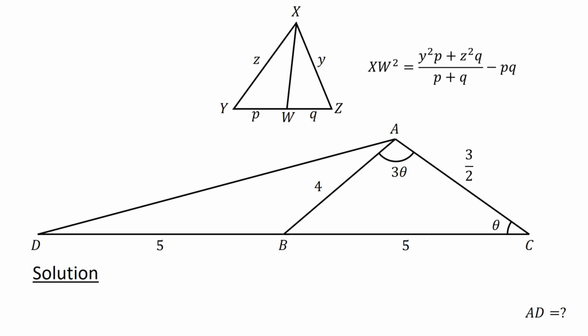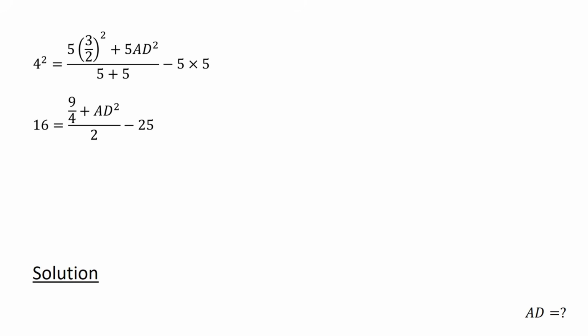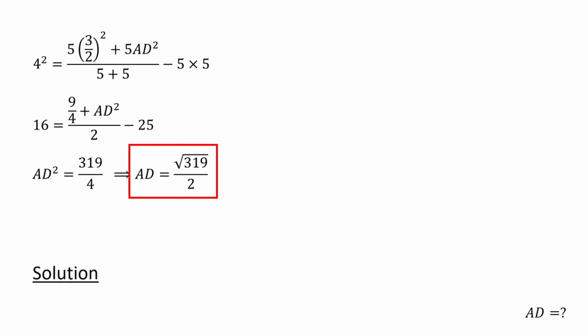Applying Stewart's theorem to triangle ADC, we obtain 4 squared equals 5 times 3 over 2 whole squared plus 5 AD squared over 5 plus 5 minus 5 times 5, or 16 equals 9 over 4 plus AD squared over 2 minus 25. Solving for AD squared, we obtain AD squared equals 319 over 4. Taking the square root, we obtain AD equals square root 319 over 2, which is the solution to our problem.